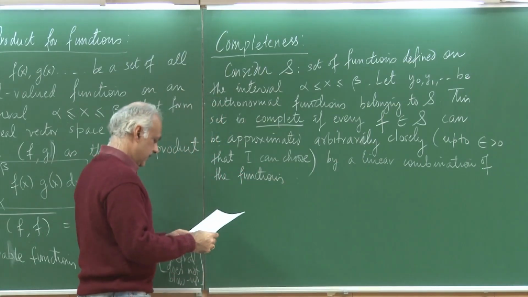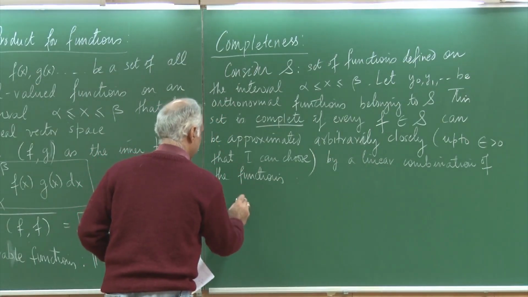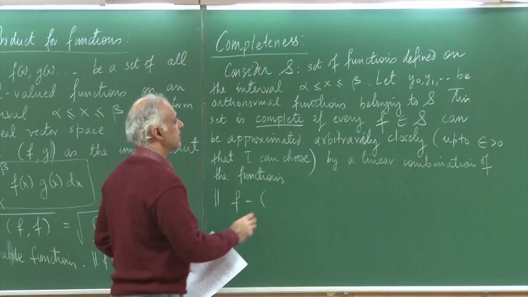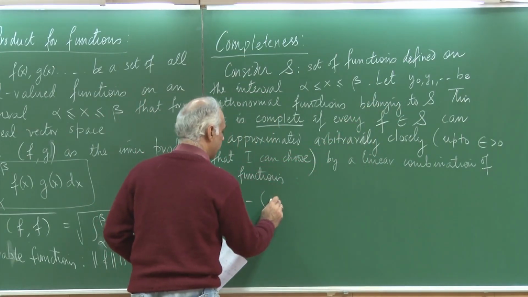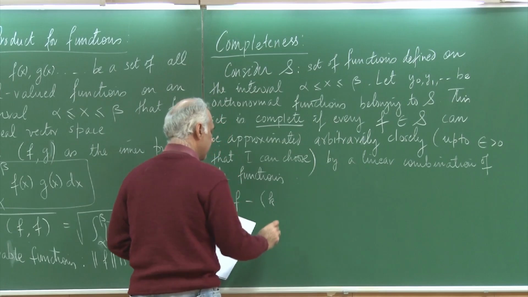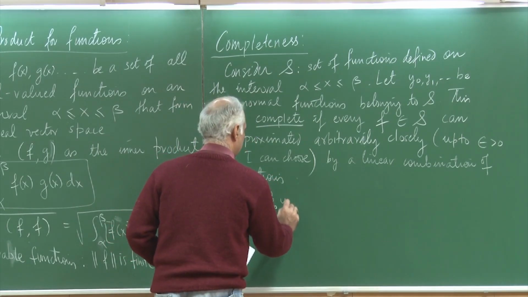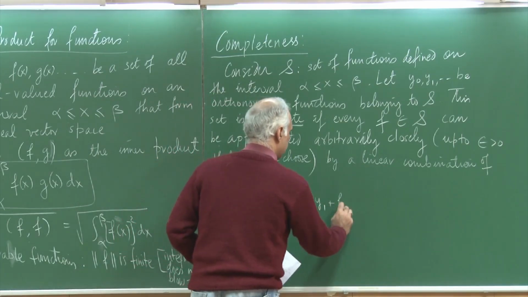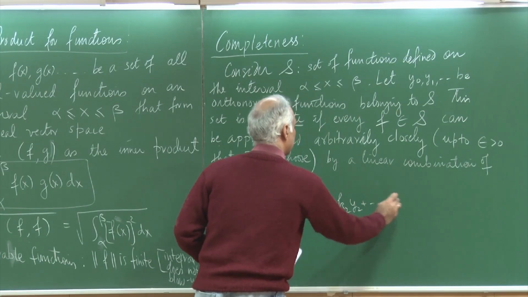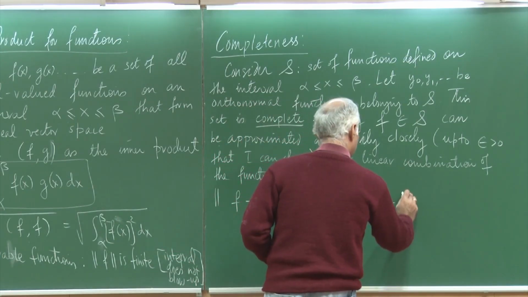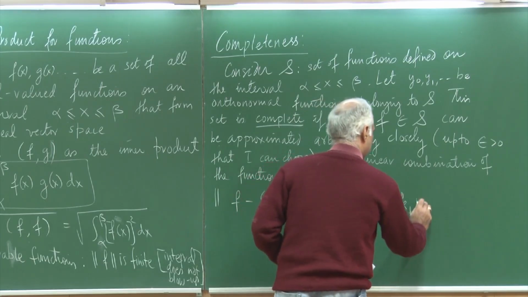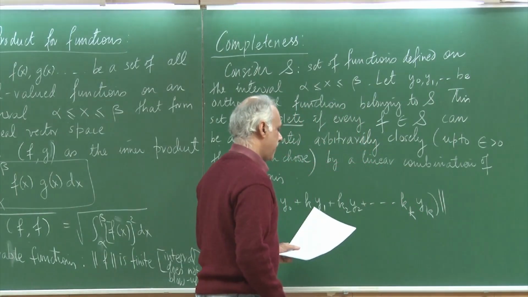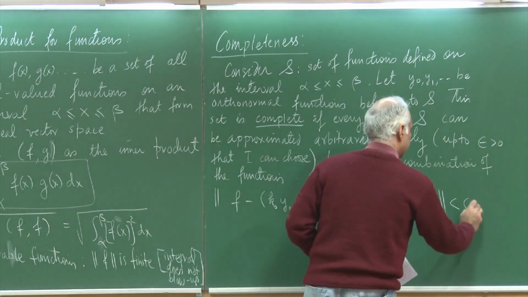So what that means is that if I took f minus a linear combination of these orthonormal functions, so I choose a constant, let us say k0 times y0 plus k1, another constant, times y1 plus k2 y2 and so on up to km ym, and this should be less than epsilon.